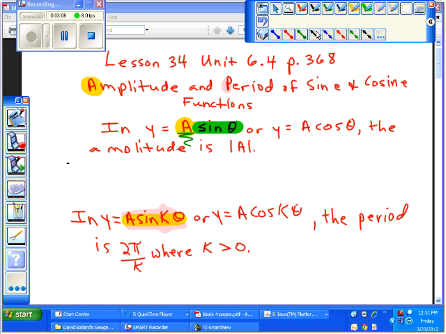So number 7, it says y is equal to 2 sine theta. If the equation is y equal to 2 sine theta, then what is the amplitude? The amplitude is 2. Now that's the only transformation.